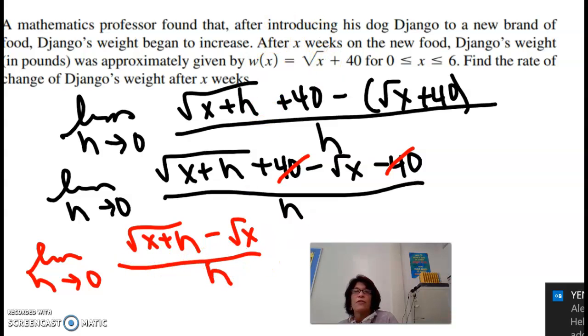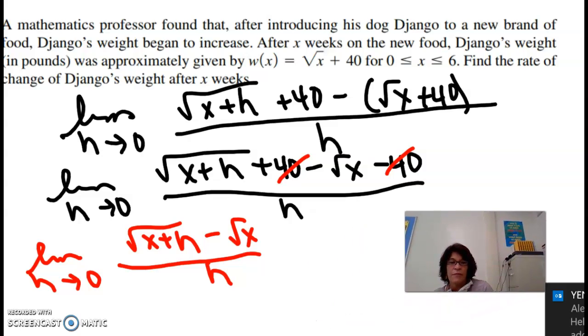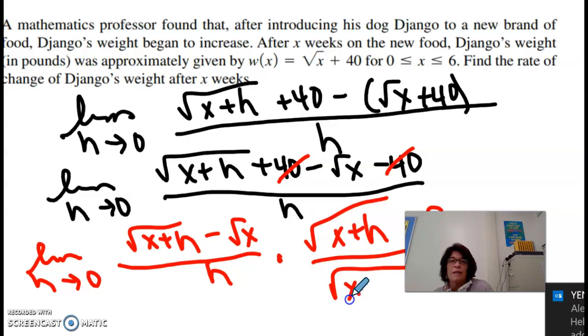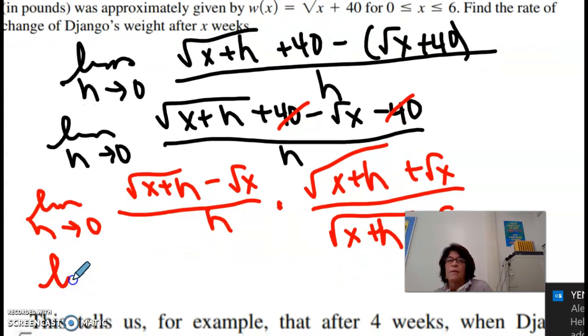Now we have different strategies in simplifying problems. We used the common denominator before, and in this one, we're going to use the conjugate. I'm going to multiply the top and bottom by the square root of x plus h plus the square root of x. I'm trying to simplify this so that I can put 0 in for h, and I can't do that yet because it gives me 0 in the denominator.